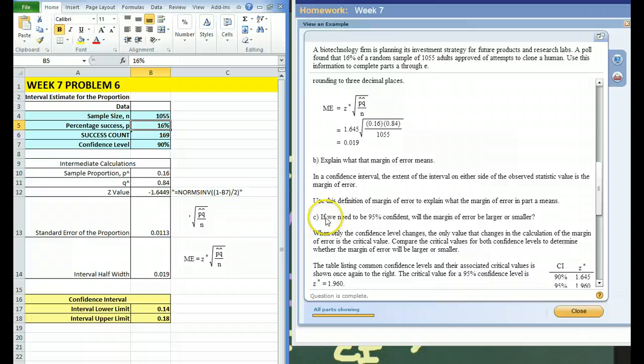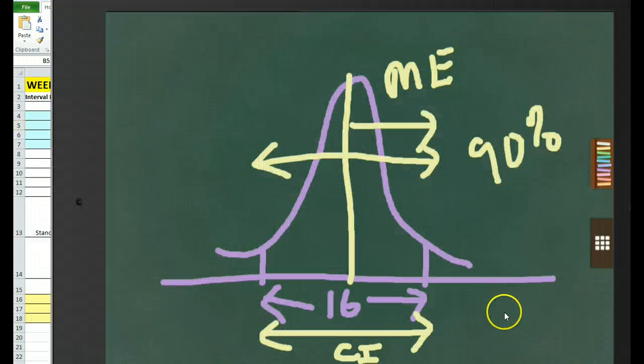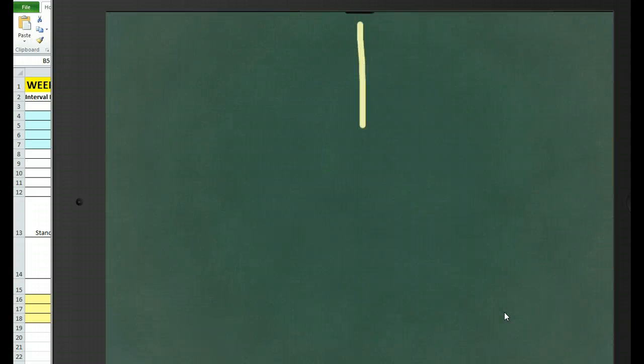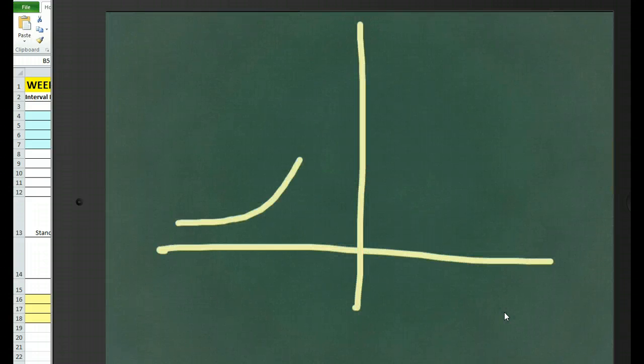Now moving on to part C, if we need to be 95% confident, will this margin of error be larger or smaller? Now if we just look at our graph here, which is quite messy, so I will do another one.